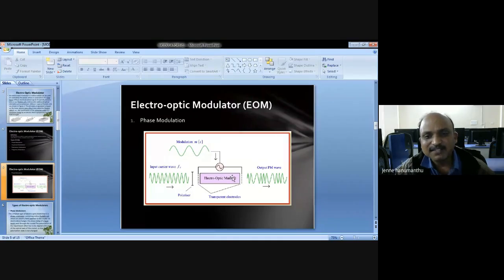As per this carrier, we can change the control signal so that we can modify the output phase. See the signal phase. This is called phase modulation. How it is done is possible with these transparent electrodes, Pockels cells, or polarizers.